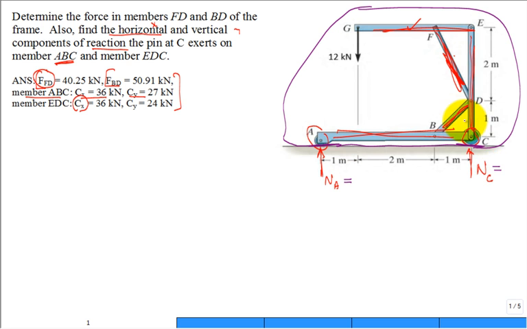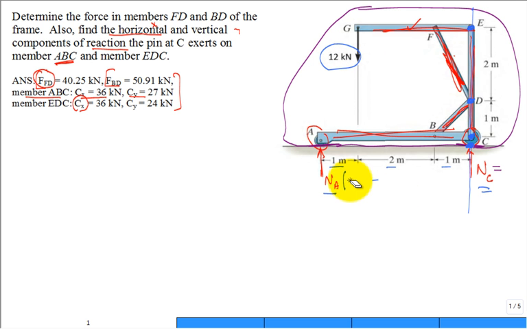I think some of the moments, let's say about this contact point right there, or at pin C, or at pin D, or at pin E, any of them, because they'll take N sub C out of the equation. There won't be a moment that N sub C generates about any of those points, because N sub C's line of action goes through all of those points. When we do that, we determine that N sub A times 1 plus 2 plus 1, which is 4 meters, is equal to our 12 kilonewton.